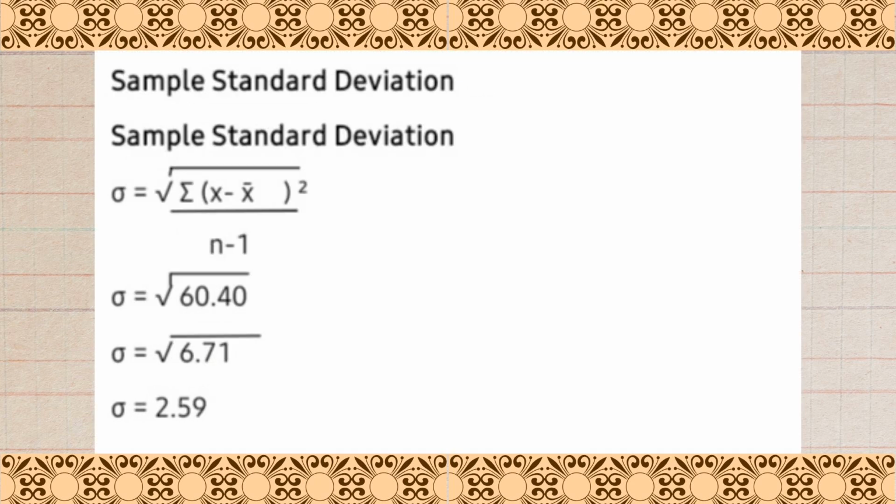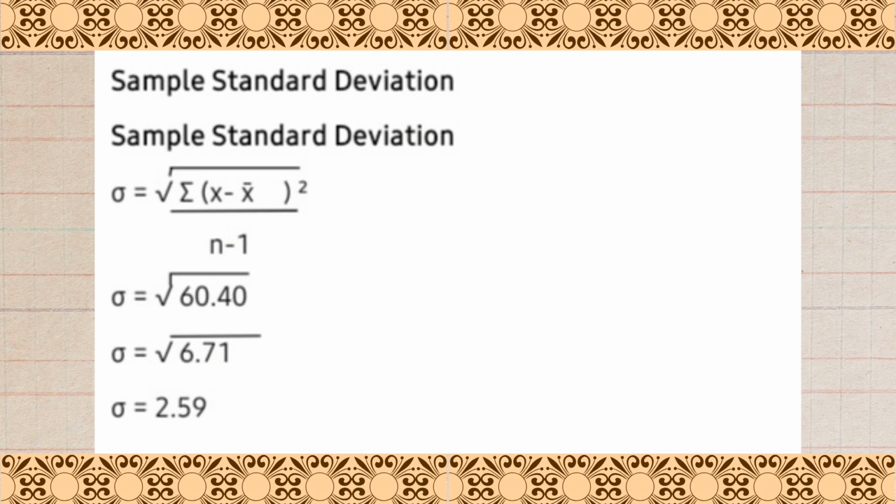To solve the sample standard deviation of ungrouped data, we use the formula. The formula is: sample standard deviation is equal to the square root of summation of individual data values minus sample mean squared, divided by sample size minus 1.